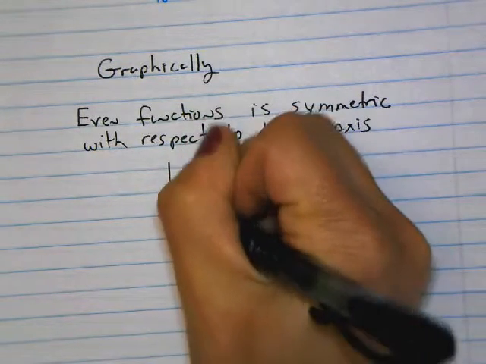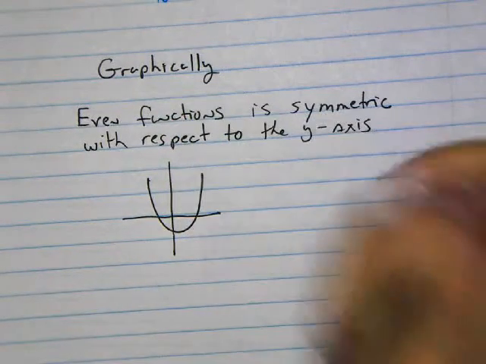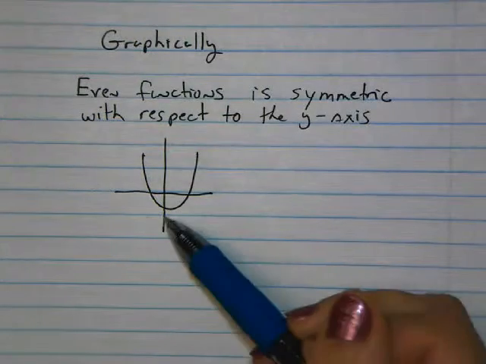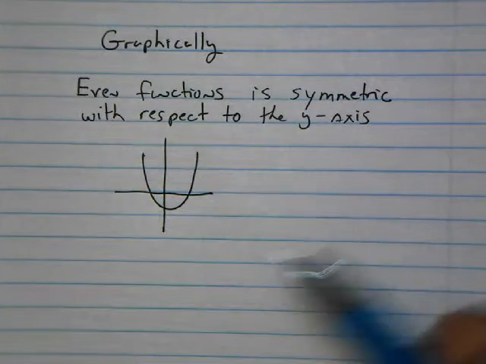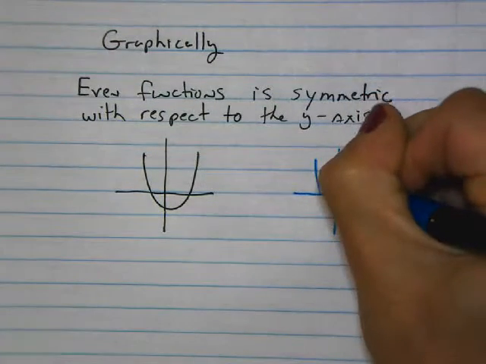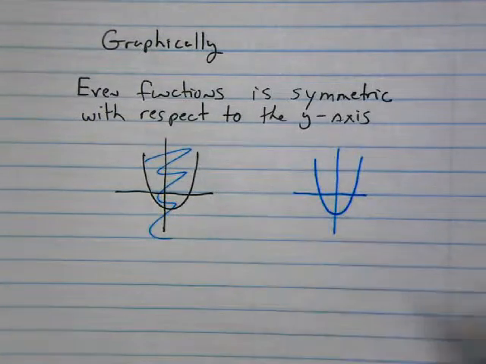Okay, so this is an even function. Imagine that I folded on that point. I didn't draw a beautiful parabola. Let me see if I can sketch one that's a little better. There we go. Okay, so here if you look, if you were to fold over, the two halves meet. Okay, then this is an even function.